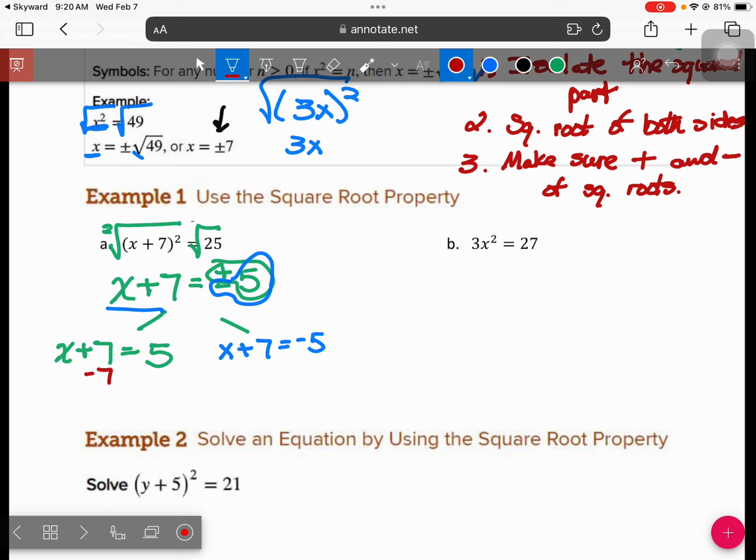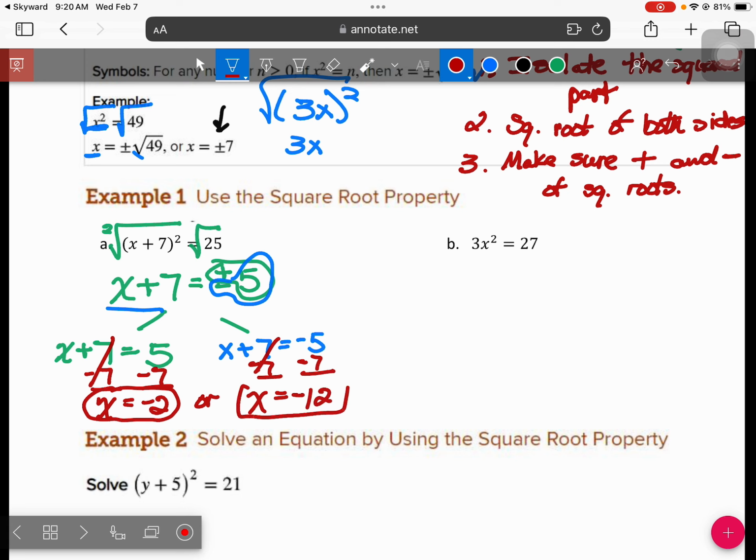So I am going to subtract 7, because I'm trying to solve for x. My 7s will simplify out, and I get x equals negative 2. Or if I solve for the other side, subtract 7, x is equal to negative 12. Remember, these are quadratic, so this would be your two solutions where they would cross the x-axis. Okay?